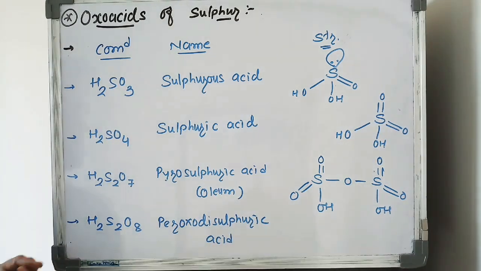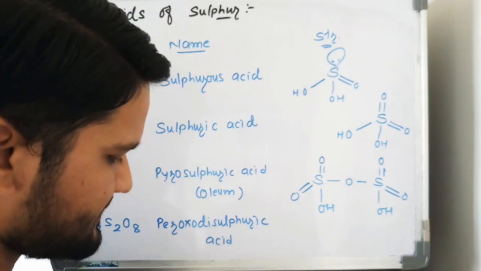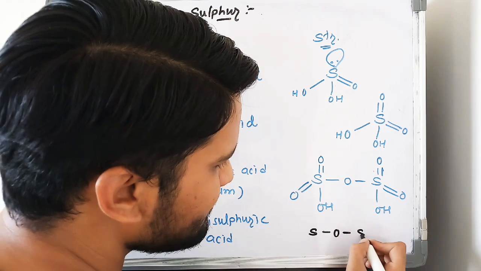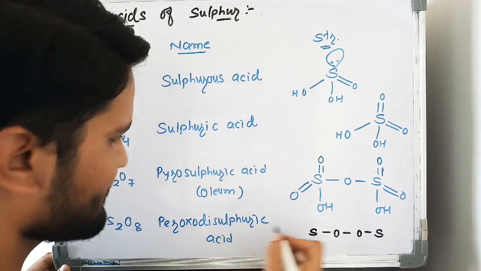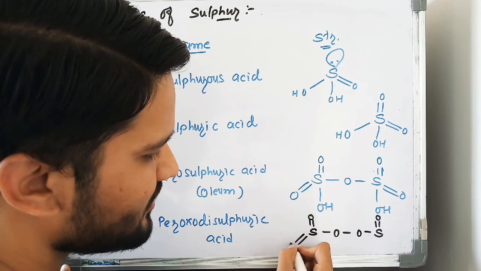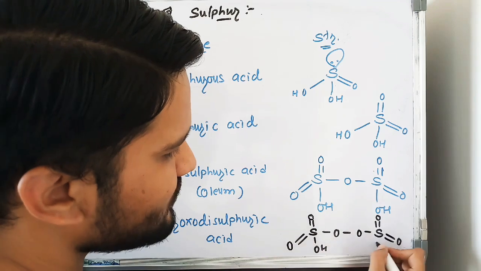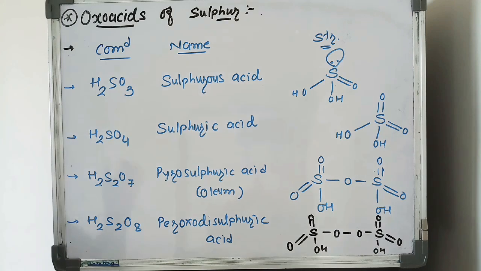The structure of peroxodisulfuric acid: sulfur, oxygen, oxygen, sulfur, double bonded oxygens, OH, OH. So this is the structure of peroxodisulfuric acid.